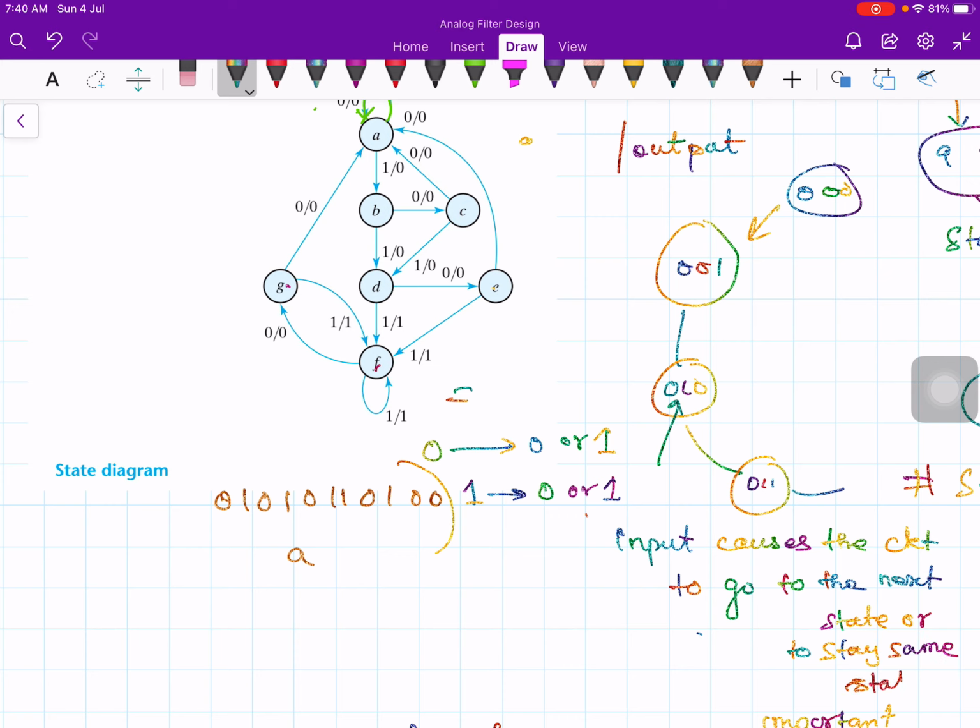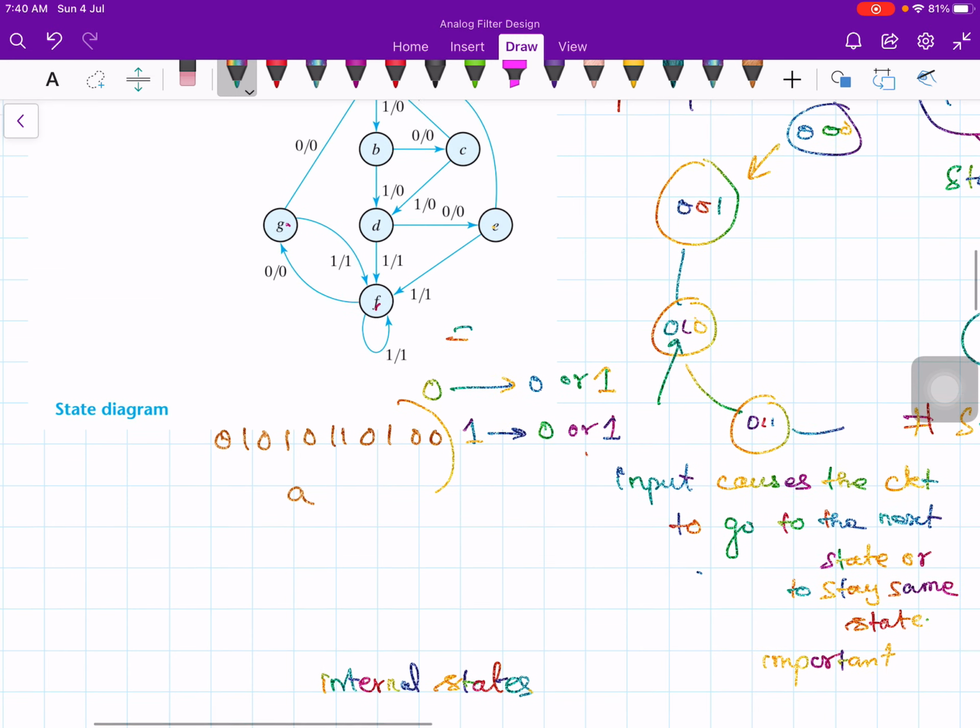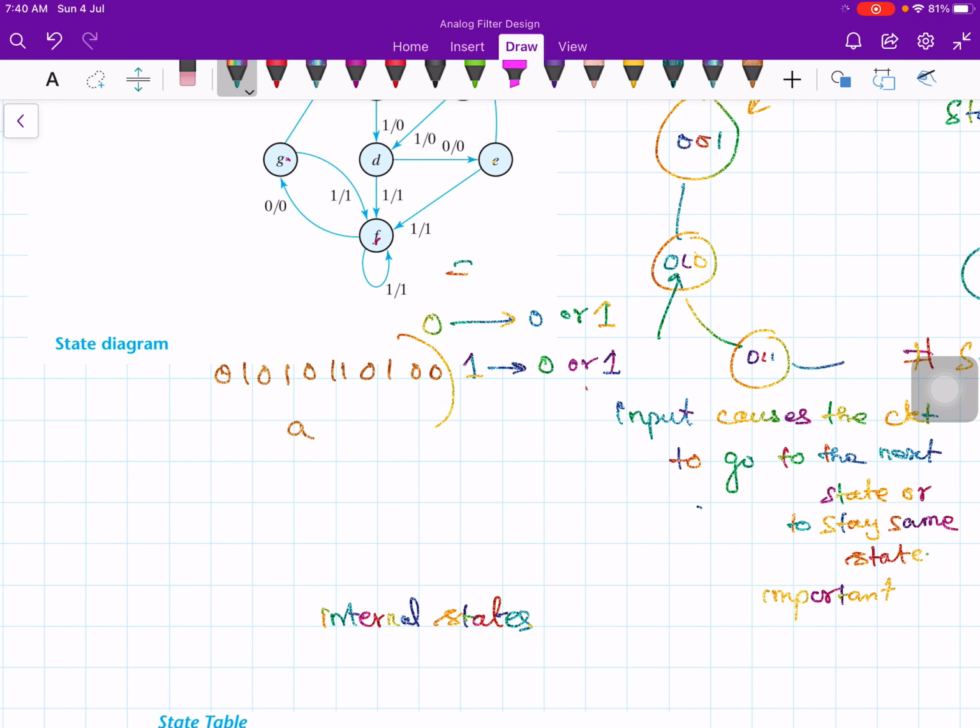Anything can happen. So we obtain the output and the state sequence for the given input sequence. Whenever you apply the input, we will get the output and also the state.